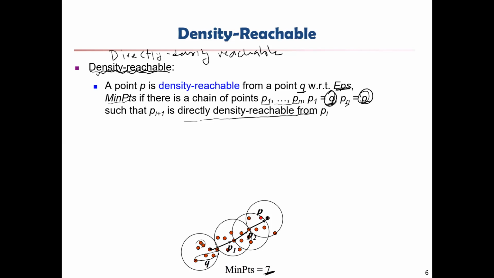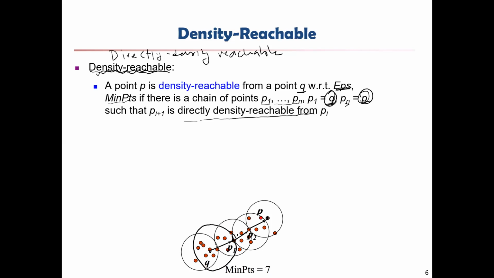It is really distorted, so let me try to fix this a little bit. Let me clean this one. This P was supposed to be a member of this circle. I hope you got the idea. So this P1 should be in the neighborhood of this because it has to be directly reachable, right?